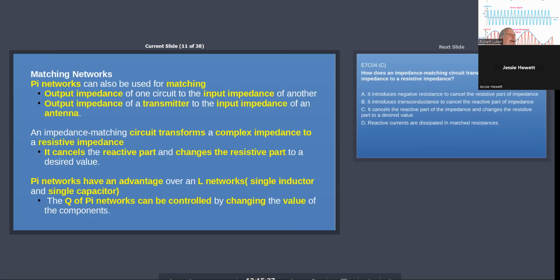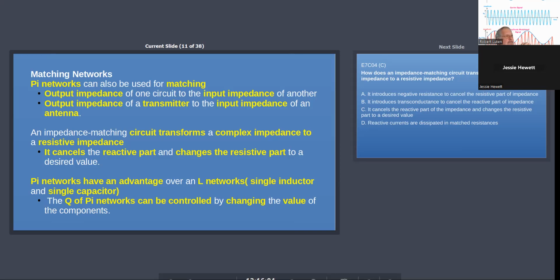Now you can use these as matching networks, which is one of the reasons why they were showing the pi networks as an output filter on your power amplifier, for instance, because you can use it as a matching network. The advantage of the pi is you can control the Q of the circuit.